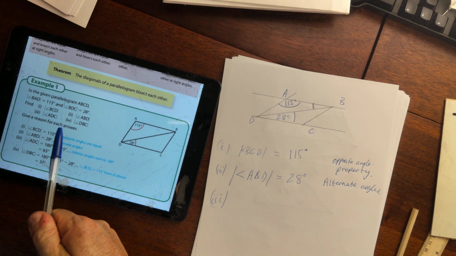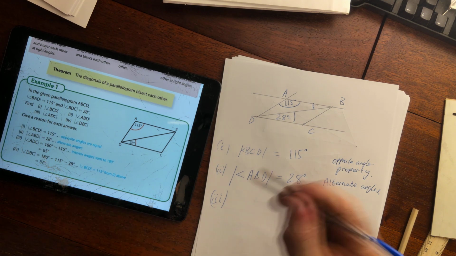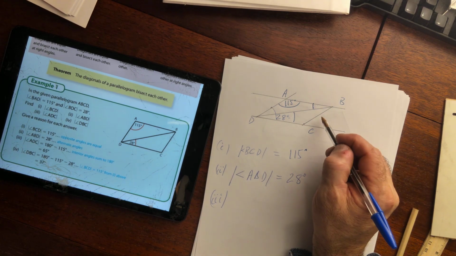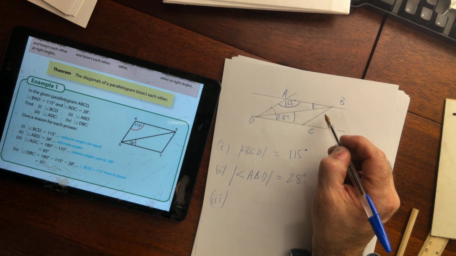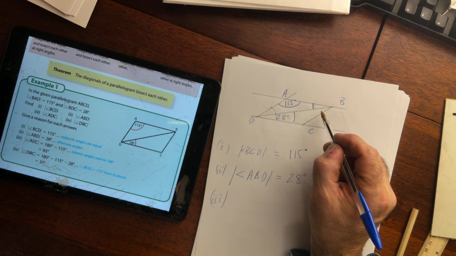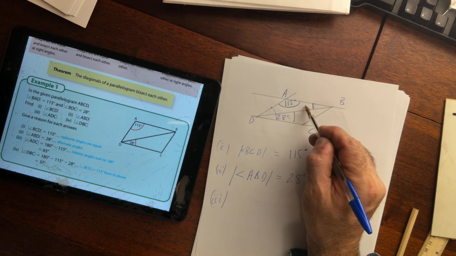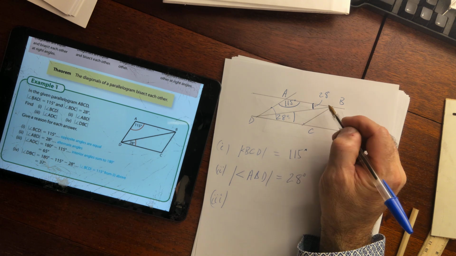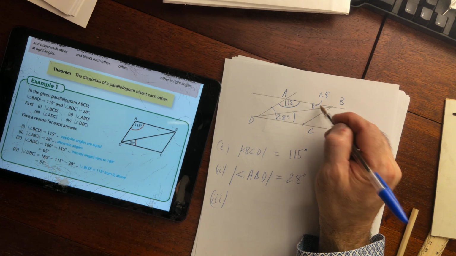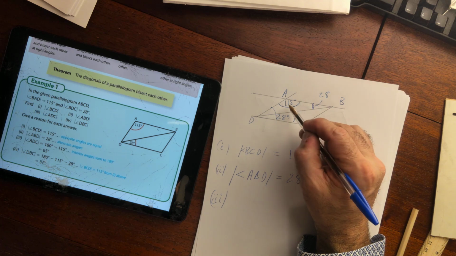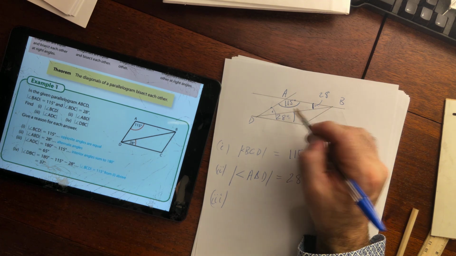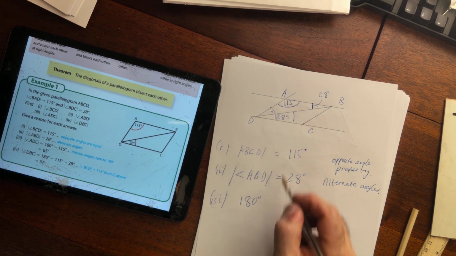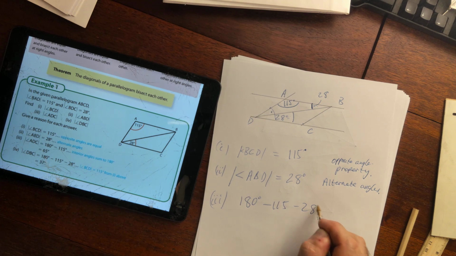Now on to 3. Find the angle from A to D to C. Where is that? A to D to C. It's this angle here. Okay, it took me a while there to think about it. We know this is 28, and we know this is 115, so the third angle in this triangle can be calculated using the angles of a triangle, which is 180 degrees minus 115 minus 28.